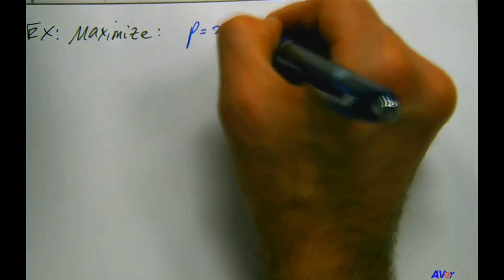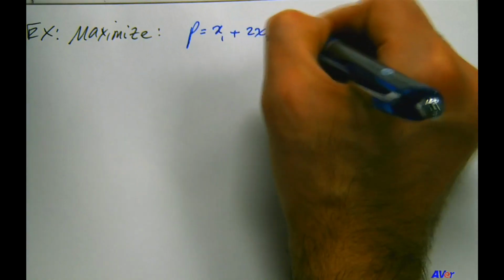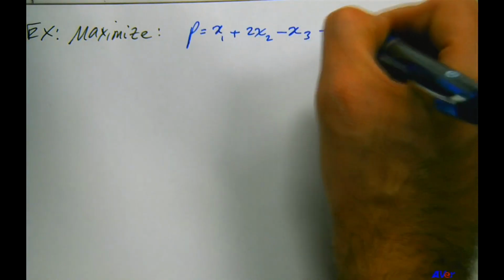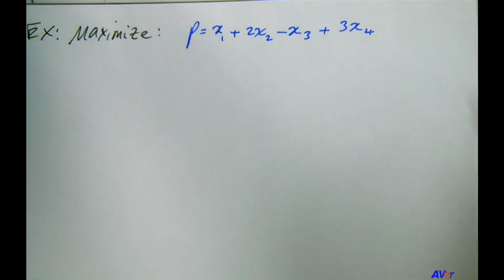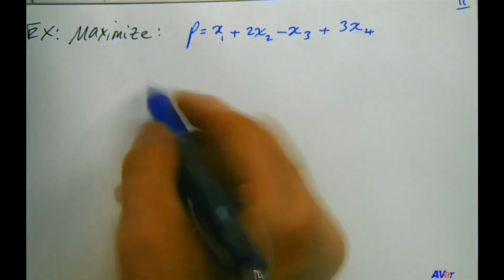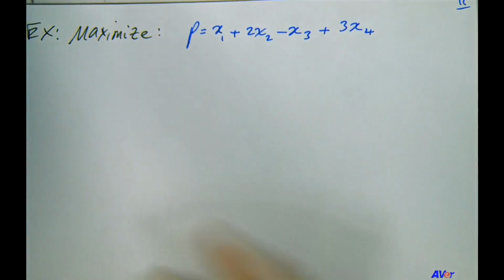Let's do another problem, another example. So here we have an example where we want to maximize this objective function, and subject to these constraints.